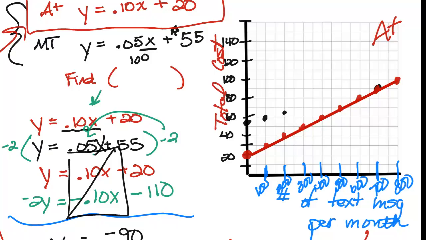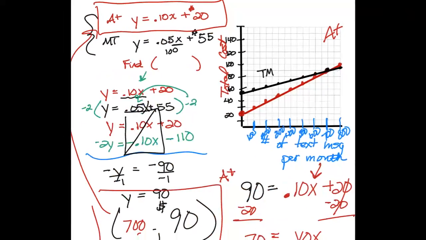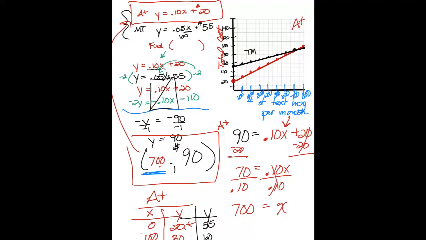That one is there, that one is there, this one is here. Here is where they intersect. And here is this line, and that is for talk more. All right, so there's my graph.